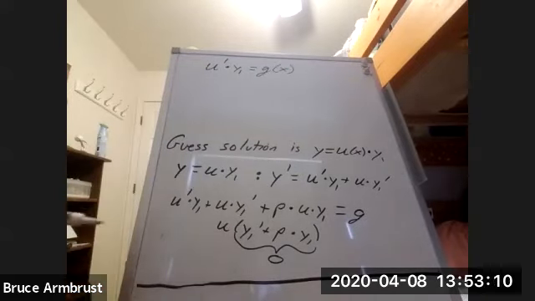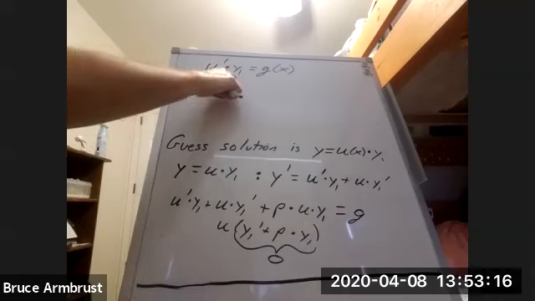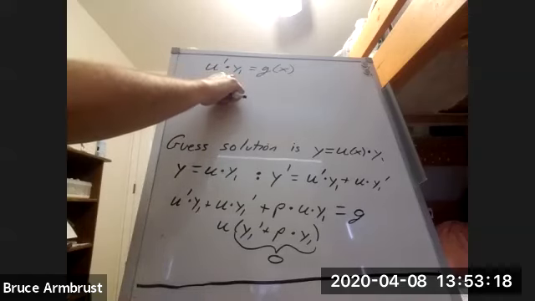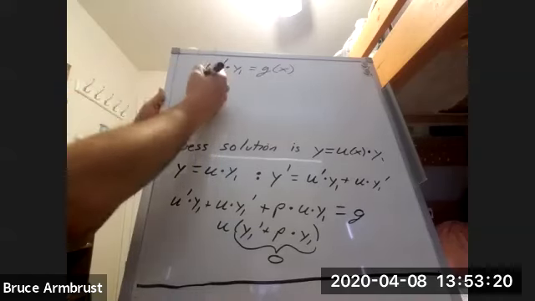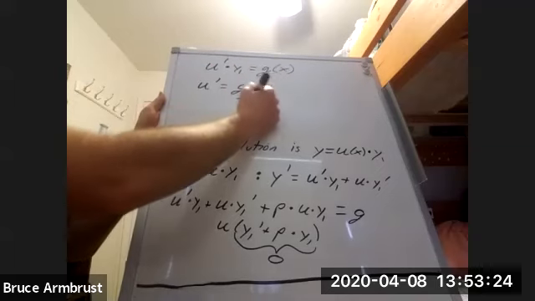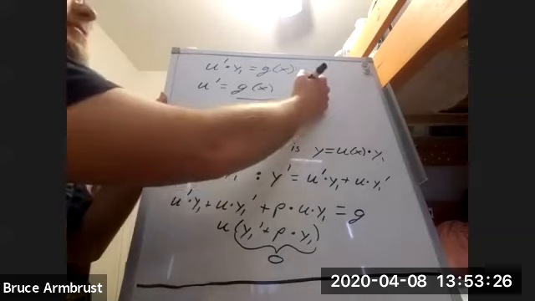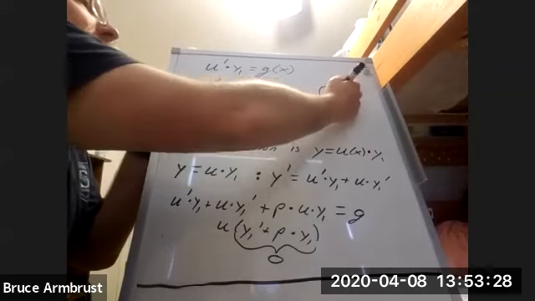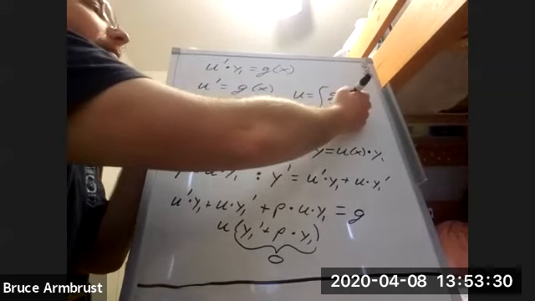And now if we want to find u, this is easy. This is easy because y1 is a function. It's no longer y. It's a function that we know. So we get u prime is equal to g of x over y1, which means u is just going to be the integral of that.